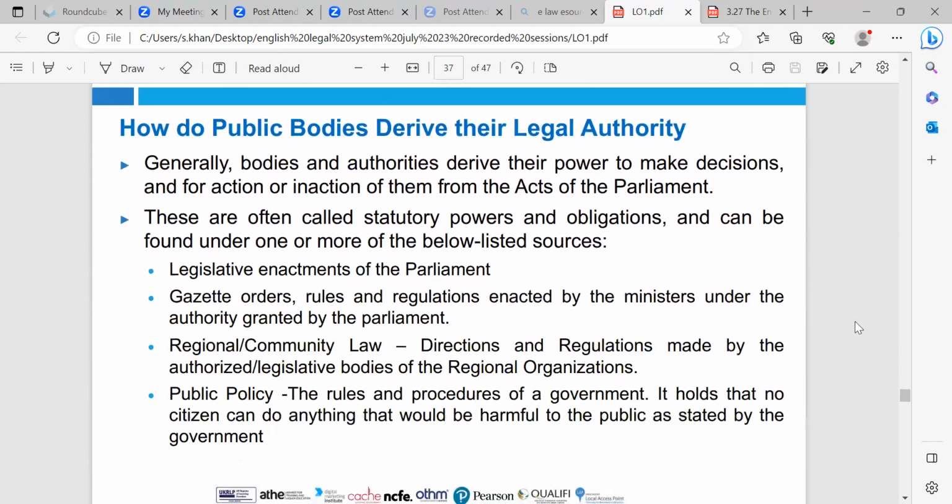How do public bodies derive their legal authority? Generally, public bodies and authorities derive their power to make decisions, and for action or inaction, from the Acts of Parliament.